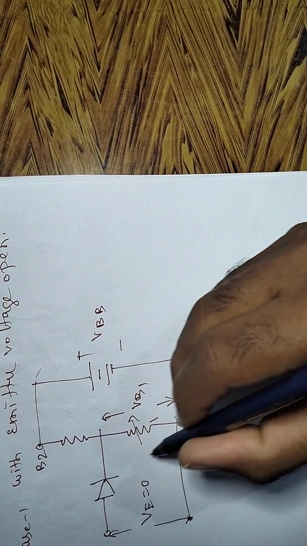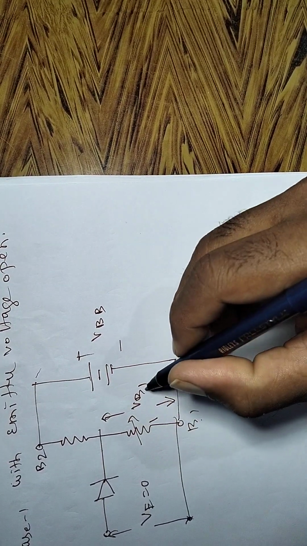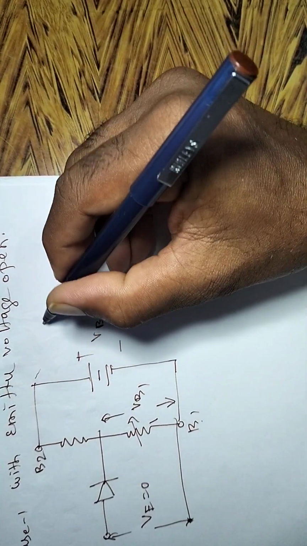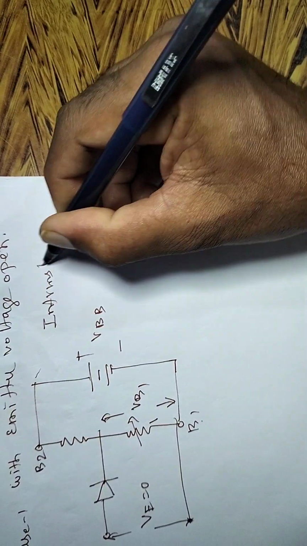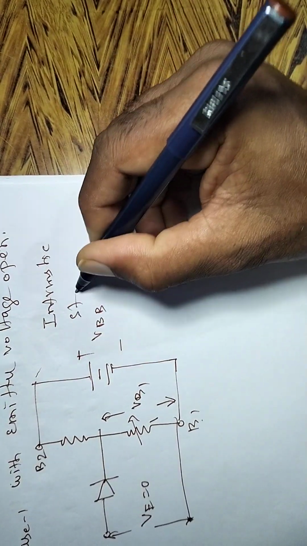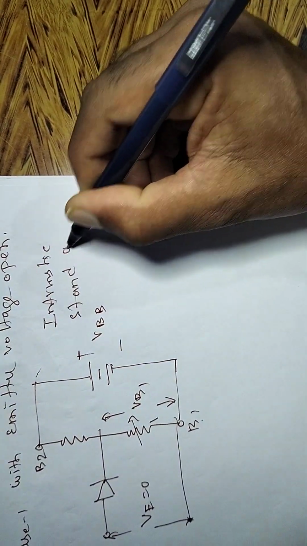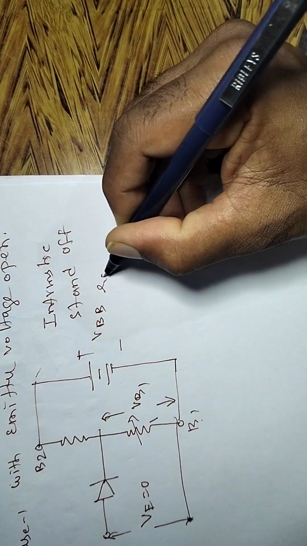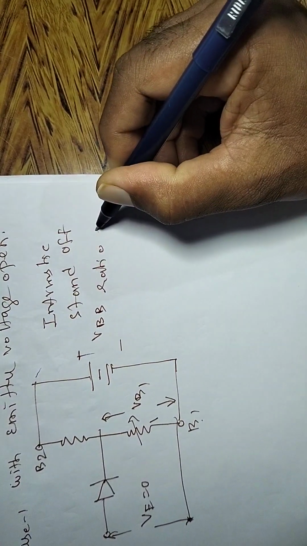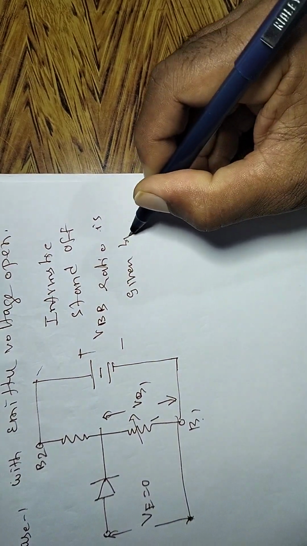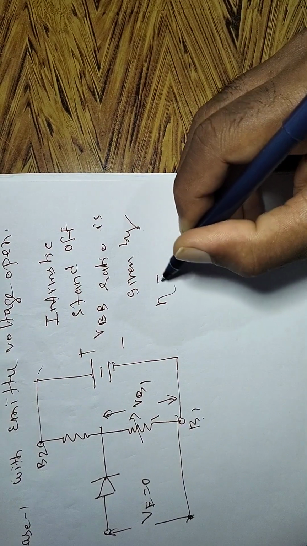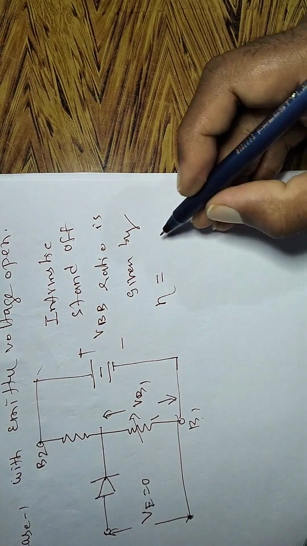When VE is 0, the drop across here is VB1. That is the intrinsic standoff ratio, which is given by eta, equal to what?